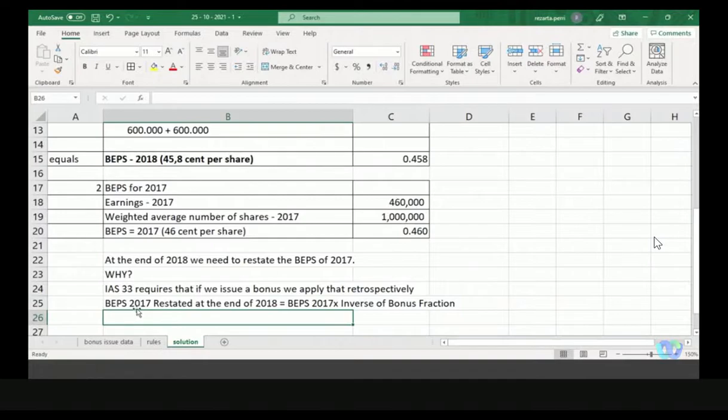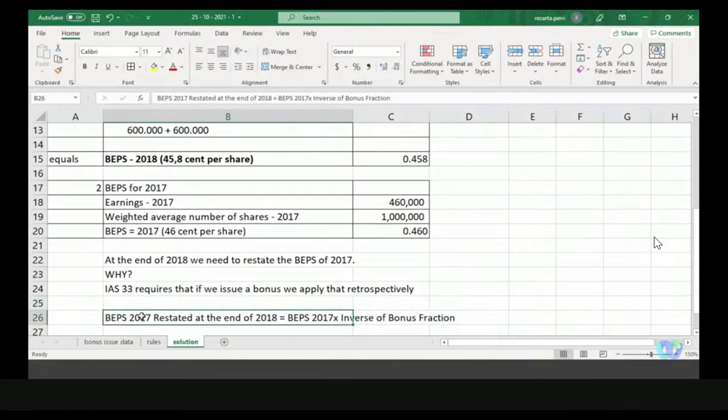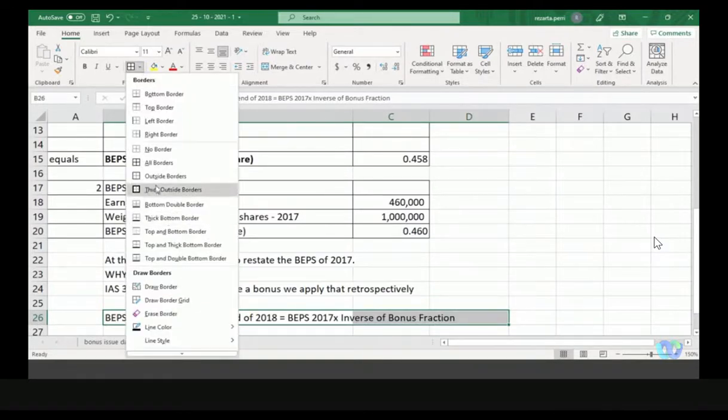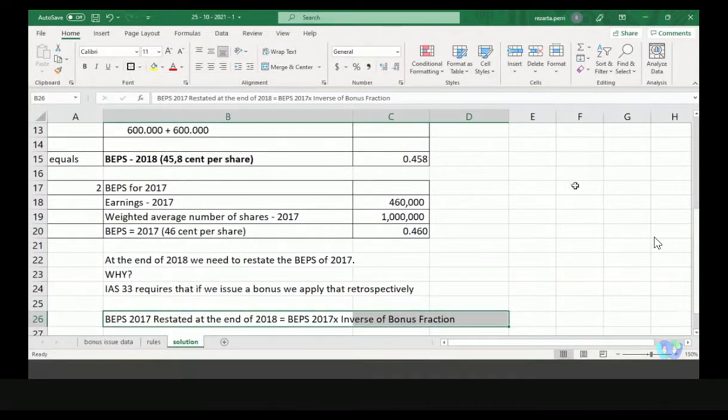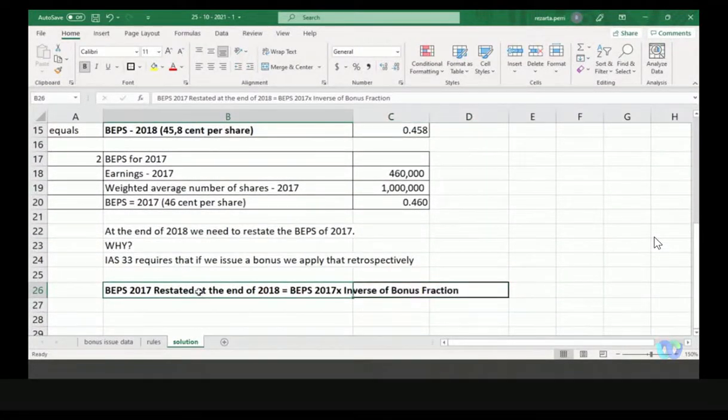You can keep that in your mind as a common rule to apply. Again, the basic earnings per share of the previous year restated at the end of the current year will be the figure that we calculated previously multiplied with the inverse of the bonus fraction.